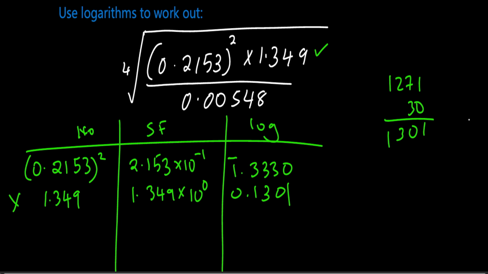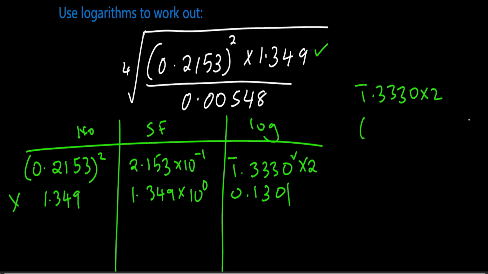Since this is multiplication, we forward a very important thing, which is this one. We multiply this by 2. So bar 1 times 2. Also the 0.3330 multiplied by 2.